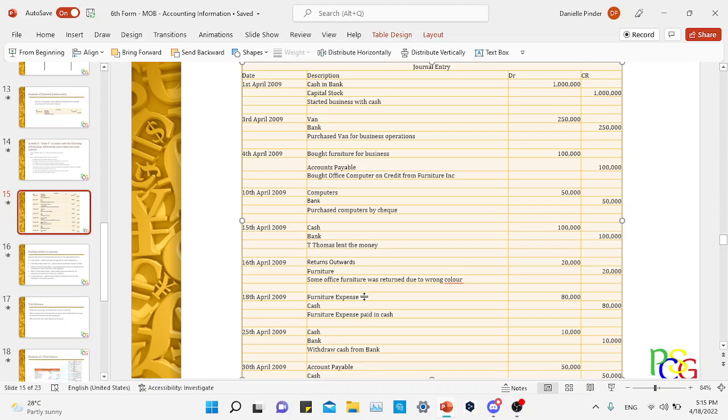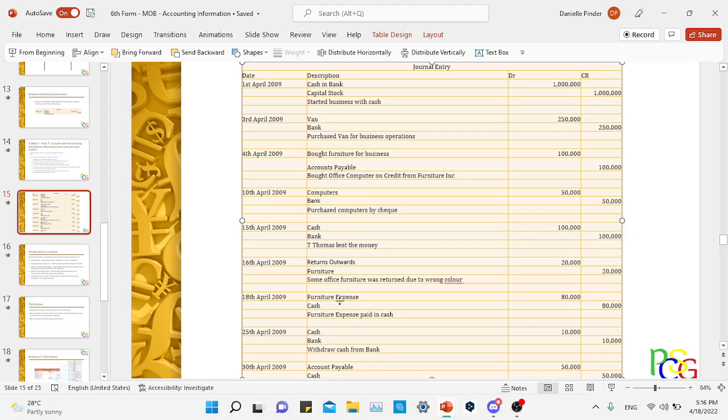As I said before, usually you would debit an expense and credit whatever else. If you are trying to decrease a liability or an expense, you would debit it, and if you're trying to increase an expense, you would credit it.